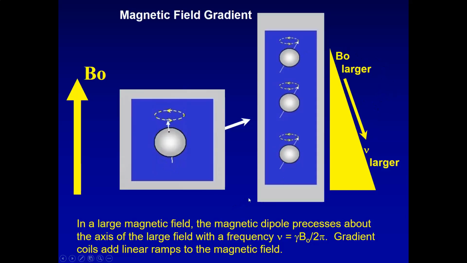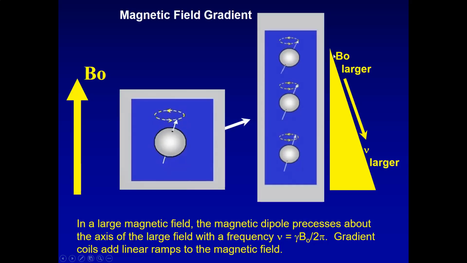It's always around the Larmor frequency, but it's not right at the Larmor frequency once you move to different locations. So in the presence of a gradient, we have spins in some parts of the head, say, precessing very quickly relative to the Larmor frequency, and some precessing very slowly.